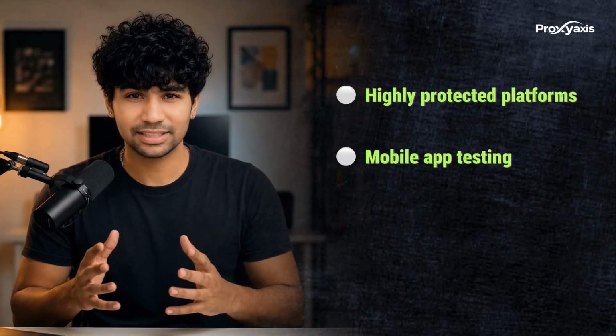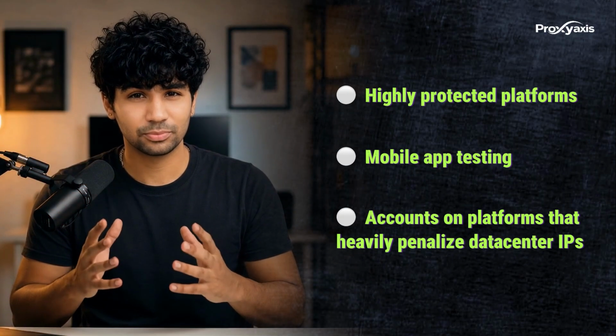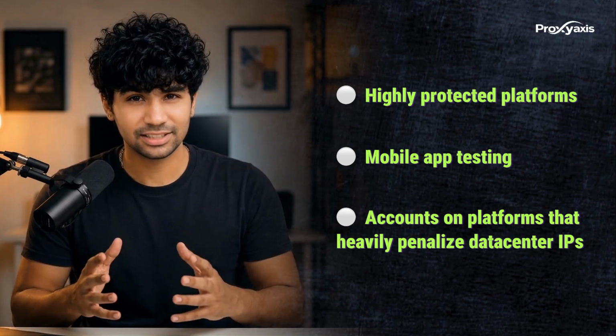That makes them the most trusted and hardest to block of any proxy type. Best for highly protected platforms, mobile app testing, accounts on platforms that heavily penalize data center IPs. The downside? They are the most expensive option and can be slower depending on network conditions. But if you need maximum trust score, nothing beats a mobile proxy.